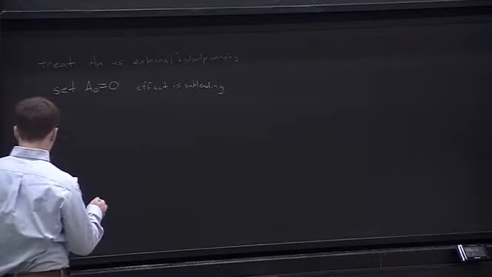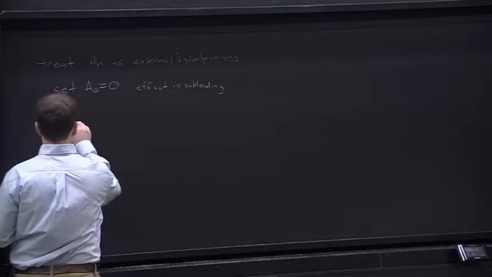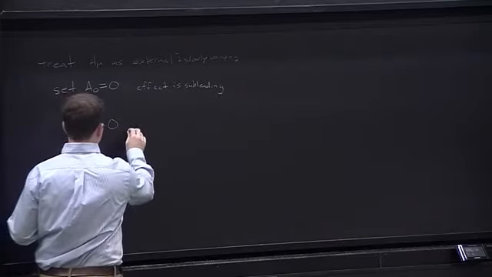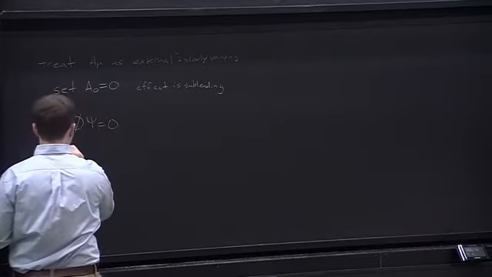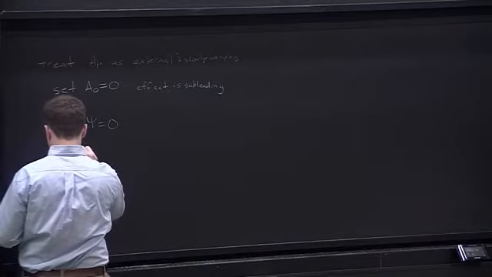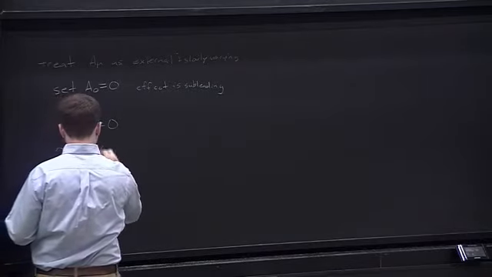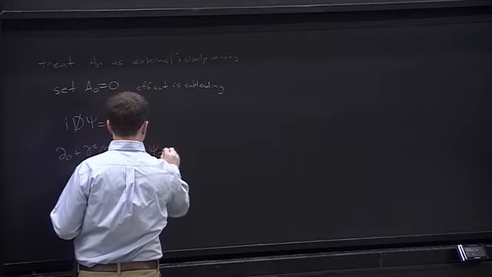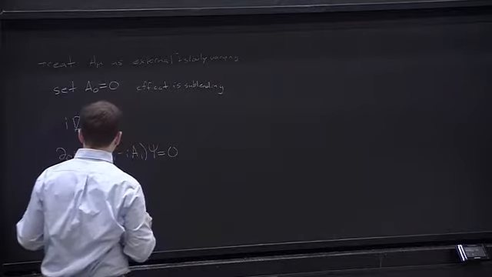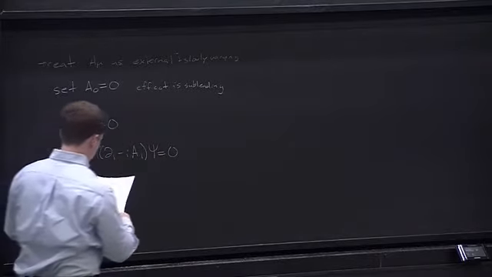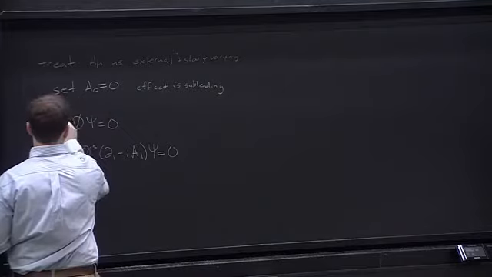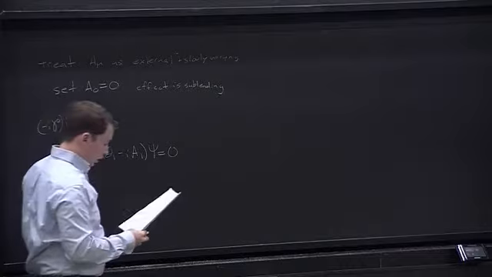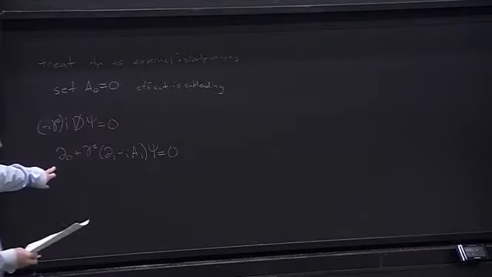So in this approximation, the Dirac equation becomes (d0 plus gamma 5 (d1 minus i A1)) phi is equal to 0. All I've done here is just multiply by minus i gamma 0. And so this is the equation we want to solve.